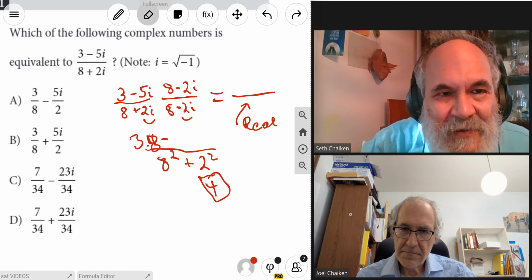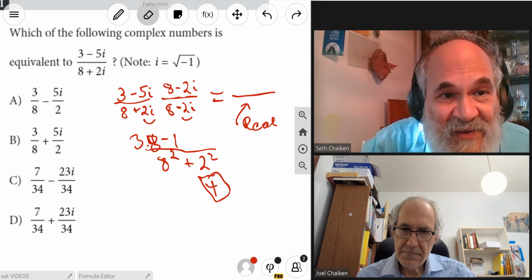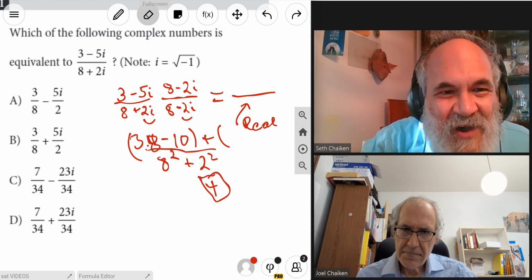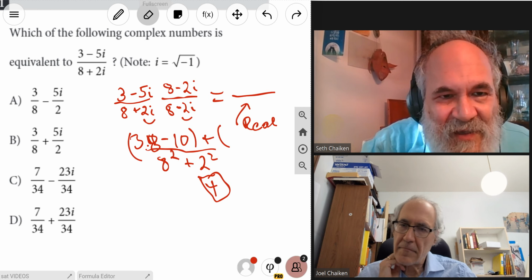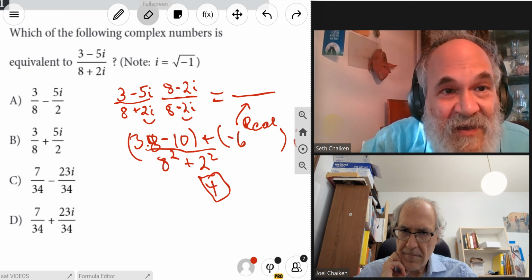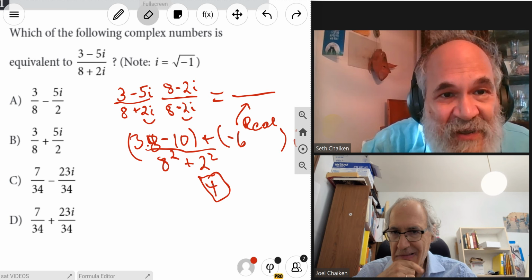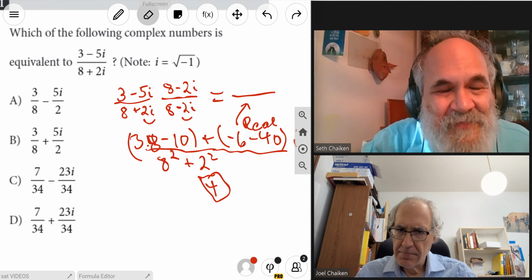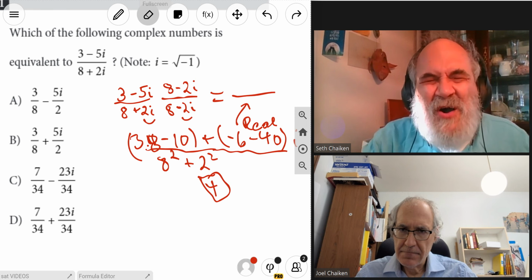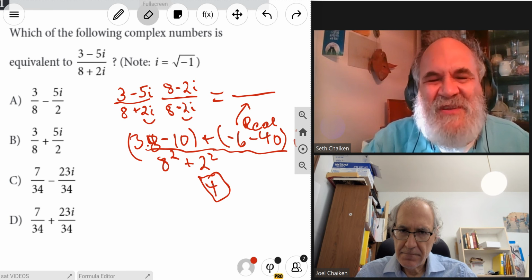So it is minus 10 for the real part. For the imaginary part, 3 times minus 2i is minus 6i, and minus 5i times 8 is minus 40i. And so here is the answer. Now, I am not going to do the arithmetic until I really need to.